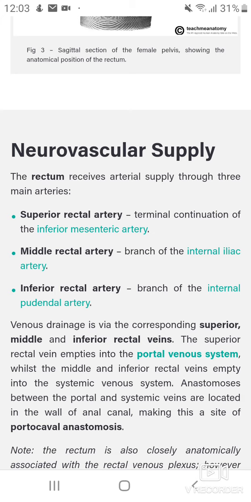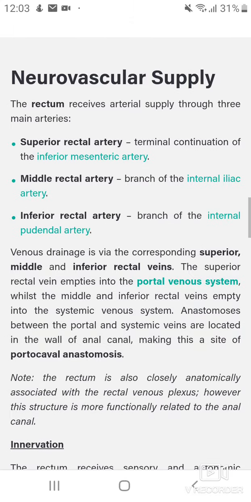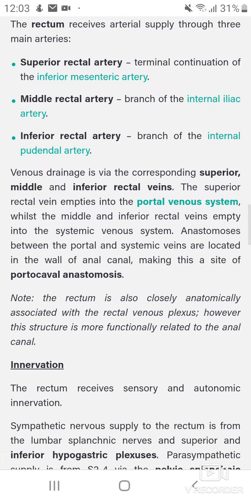Anastomosis between the portal and systemic veins are located in the wall of the anal canal, making this a site of portocaval anastomosis. Note: the rectum is also closely anatomically associated with the rectal venous plexus. However, this structure is more functionally related to the anal canal.